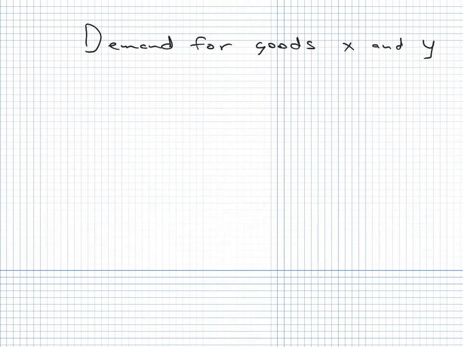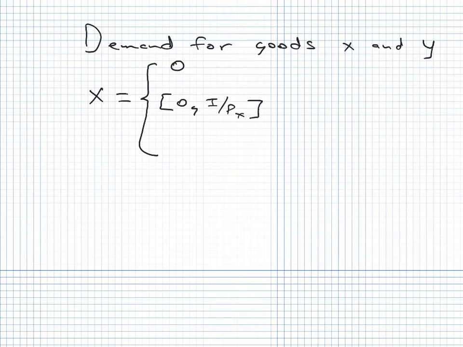It may not be obvious at this point that we've actually finished everything we need to do in order to write down the demand functions for goods X and Y, but we actually have. So what I need to do is write down this function that's going to have different parts to it. Basically, the three parts that I'm going to write down will correspond to each of the three cases that we had seen on the previous slide.